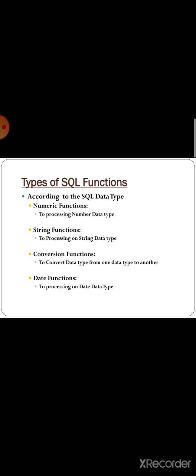Conversion functions convert a data type from one type to another type. So for that there are some functions. Those functions come under the type conversion functions. Next, date functions. This function is used to make the process on date data types.